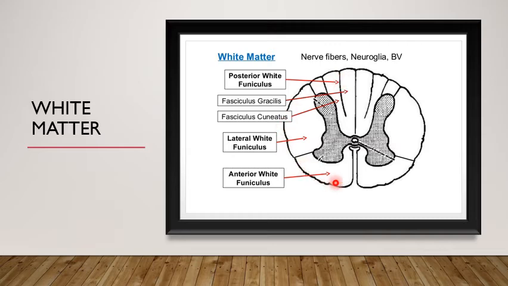Here is the anterior white funiculus, here is the lateral white funiculus, and here is the posterior white funiculus. Okay, these funiculi are made up of fibers running up and down the cord, right?